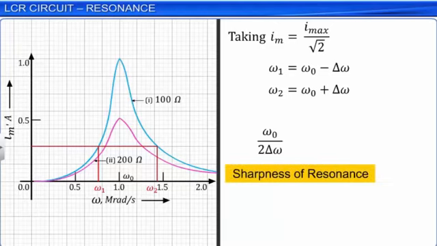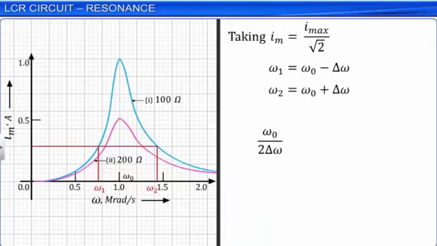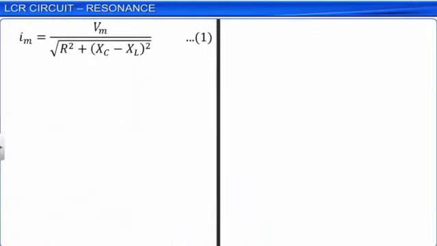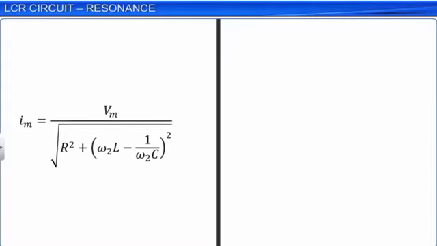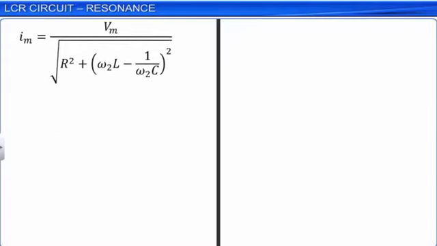Let us now calculate the value of delta omega using equation 1 for the angular frequency omega 2. Since amplitude of current is 1 by root 2 times the maximum current at resonance, we get I max by root 2 is equal to Vm by R into root 2.